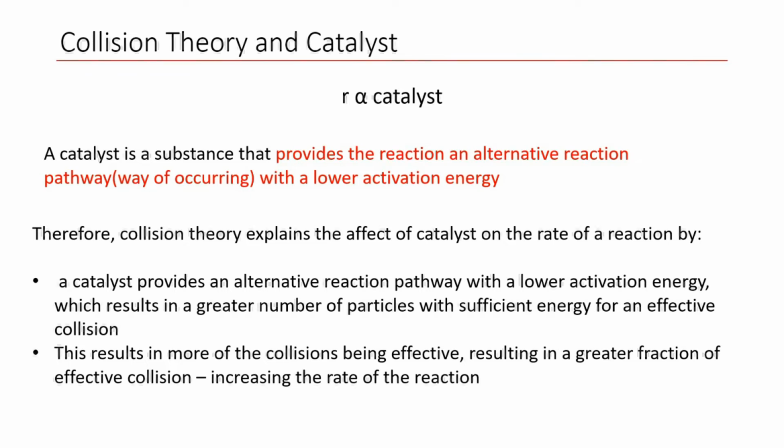Again, this means that we have a lower threshold energy because they're colliding in the right way, and it also increases the number of collisions with correct orientation, so a higher fraction of effective collisions. We can especially see this type of catalyst when we look at biological enzymes, because they grab our two substrates, bring them together, and make sure that when they come in contact with each other, they are positioned correctly. As a result, they don't require a large amount of energy.